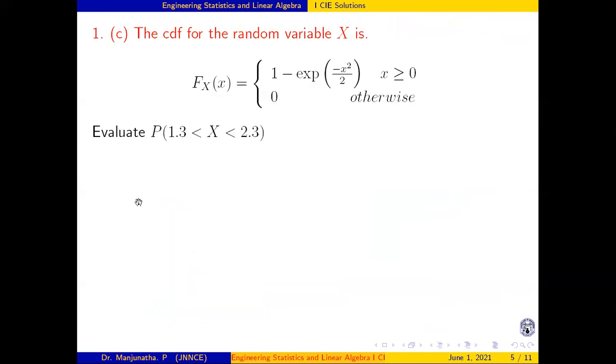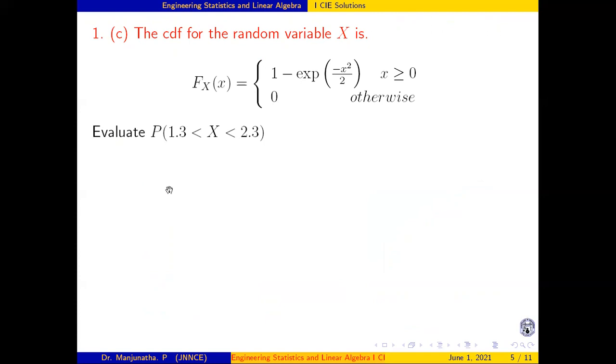Next we'll go for 1c. The CDF for the random variable x is F_X(x) equal to 1 minus exponential of minus x square by 2 when x is greater than 0, and 0 otherwise. This is the given CDF.